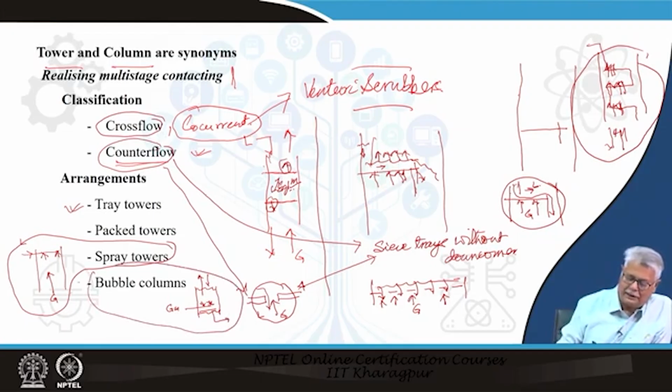So, what you find here, the bubble columns are cross flow, spray towers are cross flow, pack towers are cross flow, tray towers overall they are cross flow, but individual, sorry, I made a mistake. I should have said that both pack towers, spray tower and bubble columns, they all are counter flow towers, whereas the individual trays are cross flow, the overall tower is a counter flow.